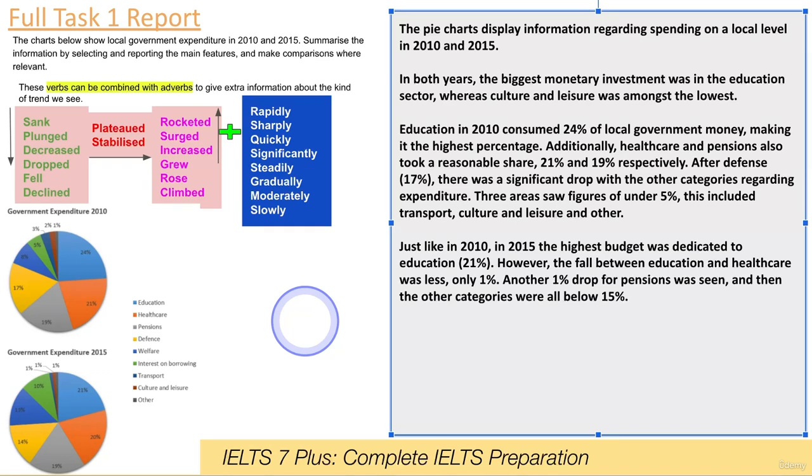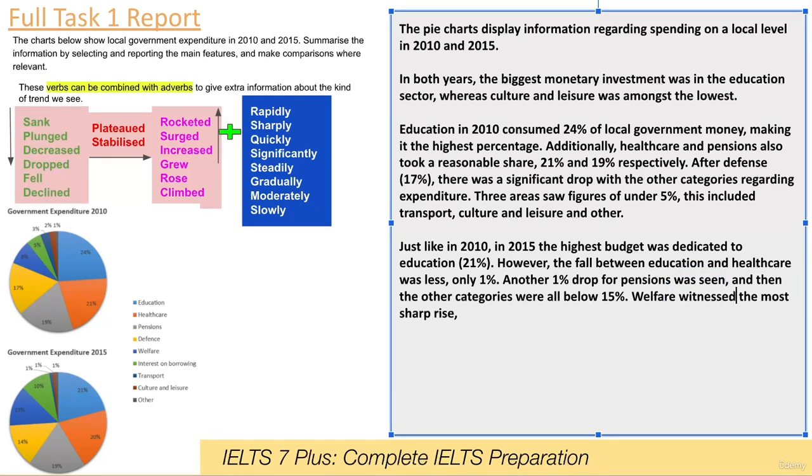So we're talking about them more generally with brackets, which I think is quite nice. So let's pull specifics now. Welfare, we can talk about the increase. Saw the most significant, yes, we have the most sharp rise, or instead of saw we could say witnessed.